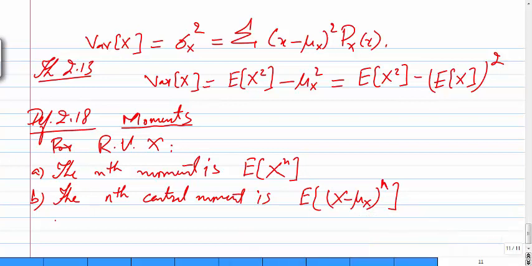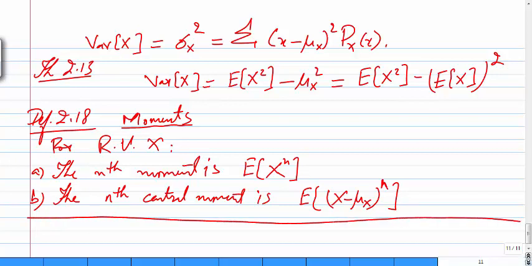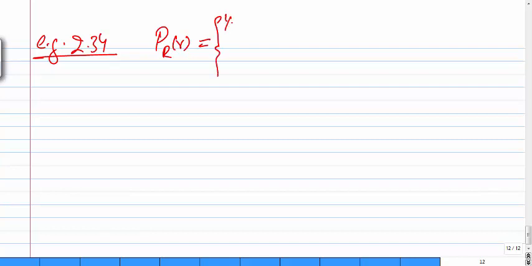Now let's consider an example here. Then move to the next page for the example. The example is 2.34. This example says that we have a PMF given to us: 1 by 4 when r equals 0, 3 by 4 when r equals 2, and 0 otherwise.